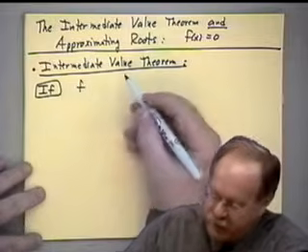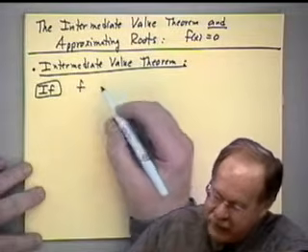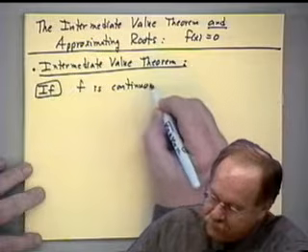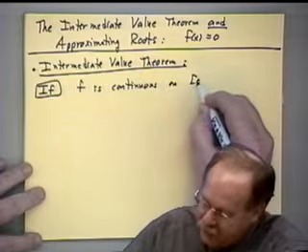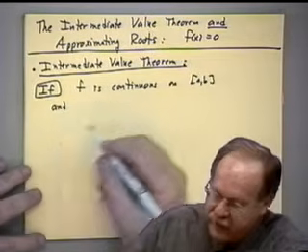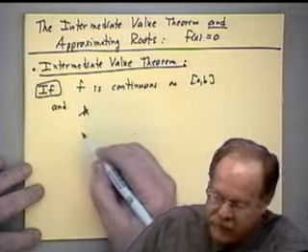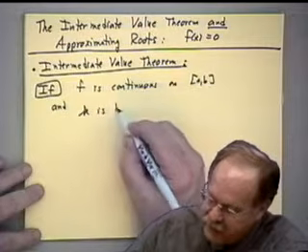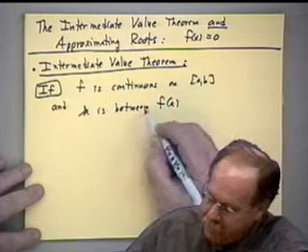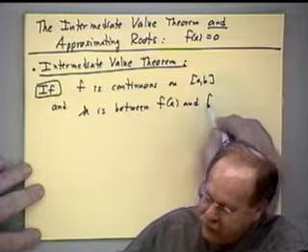Suppose, or start the theorem as with an if statement, if f is continuous on a closed interval ab, and, second hypothesis, k is some real number. K is between f of a and f of b.